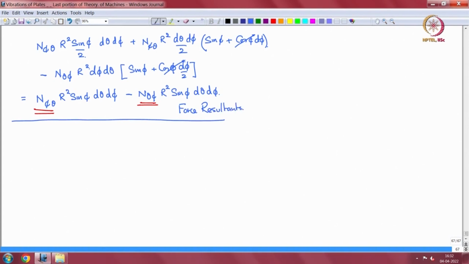Okay. Now there are twisting moments, which we will treat the same way. So if I draw my element once again, this is the element with some thickness.